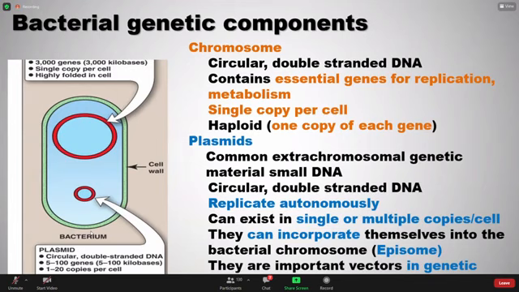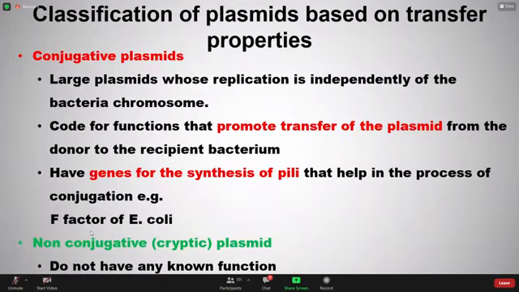As your colleague was saying, they can be incorporated in the bacterial chromosome, and when they are incorporated in the chromosome, we call them episomes. Of course, they play an important role in genetic engineering because they transfer genetic information.